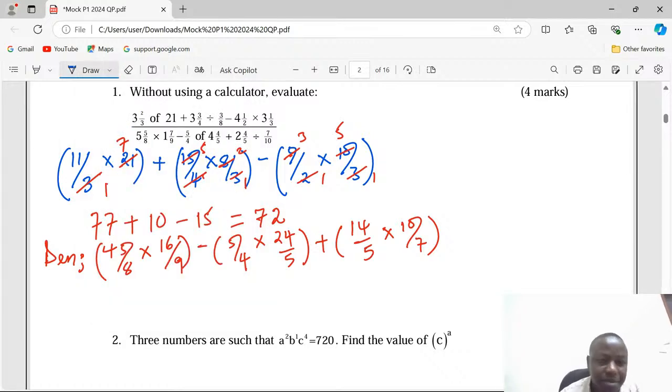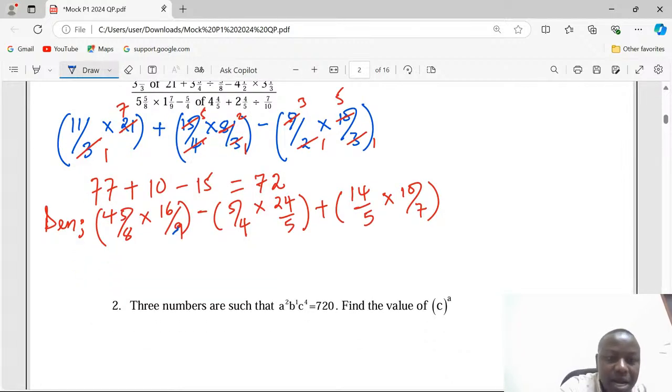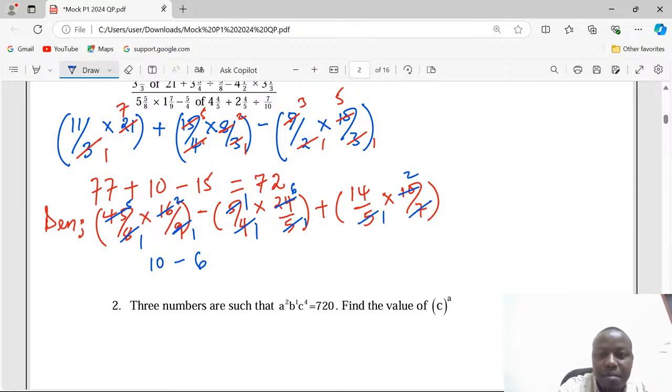Now we can simplify: 9 into 45 gives 5, 9 into 16... and 8 into 45 gives 5, 8 into 16 gives 2. So this shall be 10 minus 6, then plus 4.